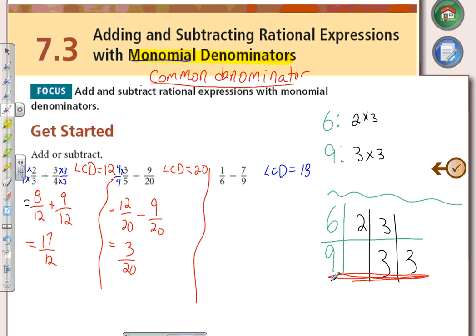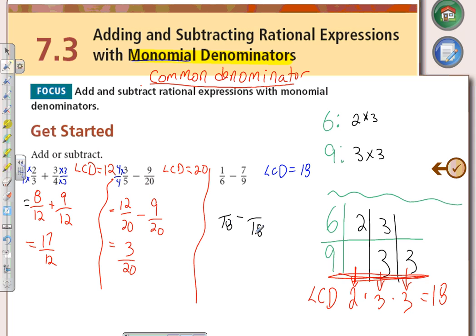To get the LCD, we're just going to bring down each column. So this is a 2 column times a 3 column times a 3 column. 2 times 3 times 3 gives us our LCD of 18. So 18 and 18.